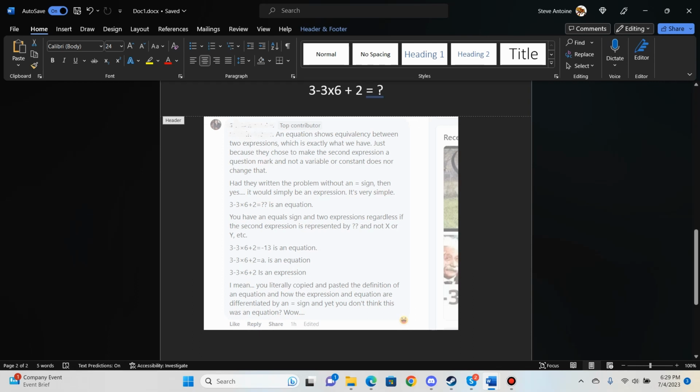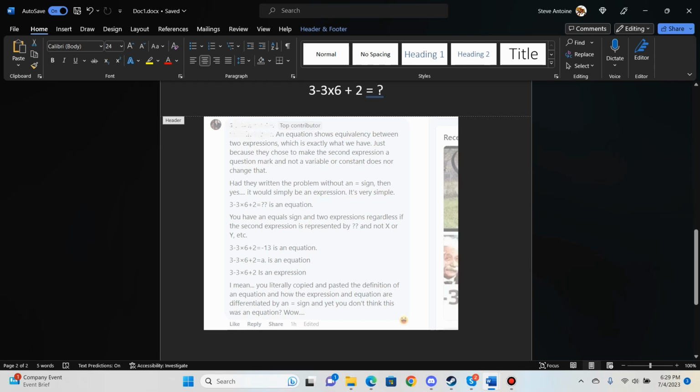Wow, now we're starting to look at algebra, right? We've got variables in here. But an equation is not defined by only being an algebraic equation. That's never been the case. 3 minus 3 times 6 plus 2 is an expression.